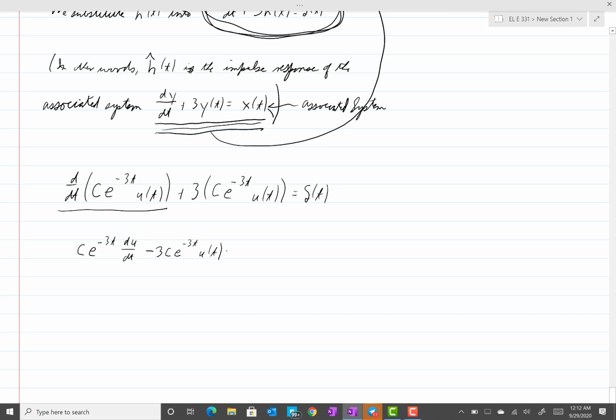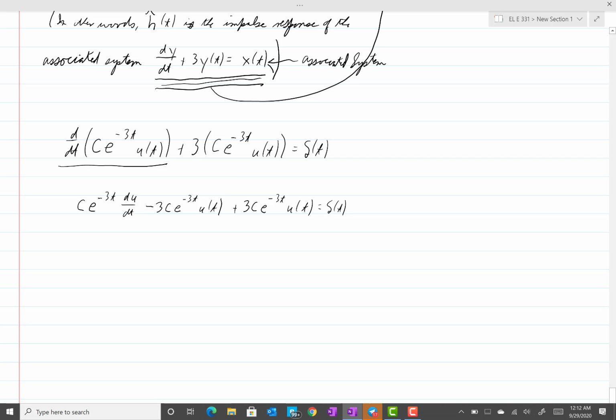We get that from taking the derivative using the product rule, and then the next term is just 3c e to the minus 3t u of t equals delta of t. Now, what do we do with this? Well, remember that du/dt here is delta of t, so this is c e to the minus 3t delta of t.